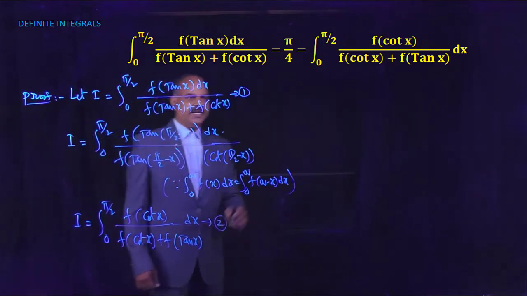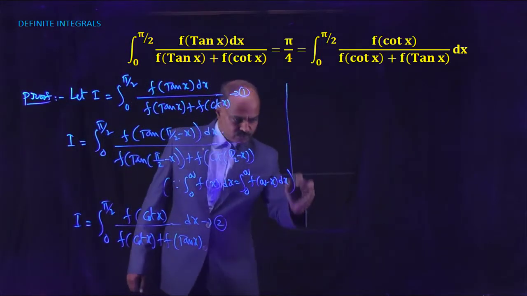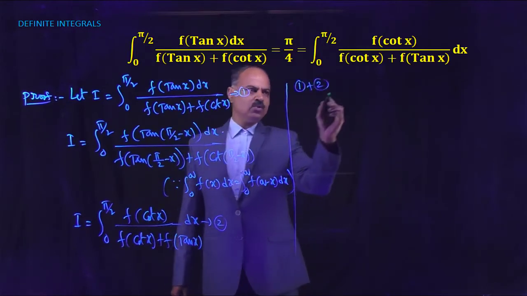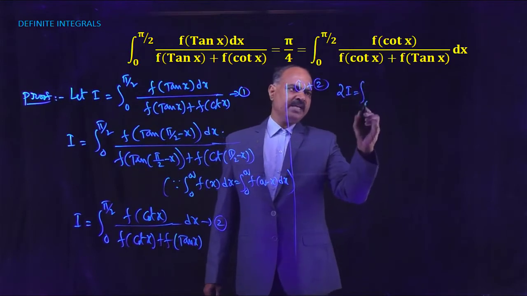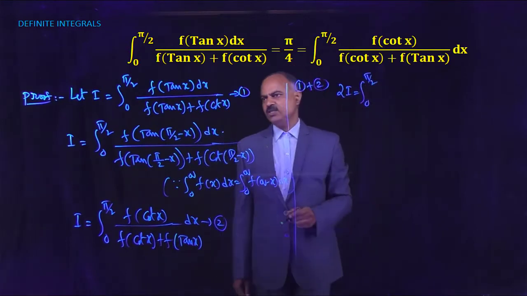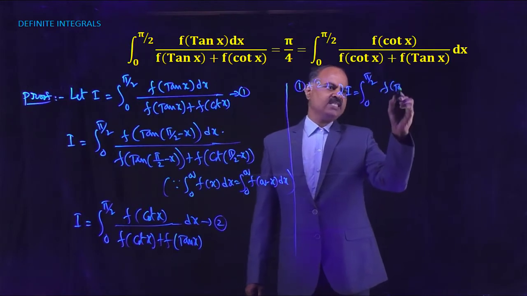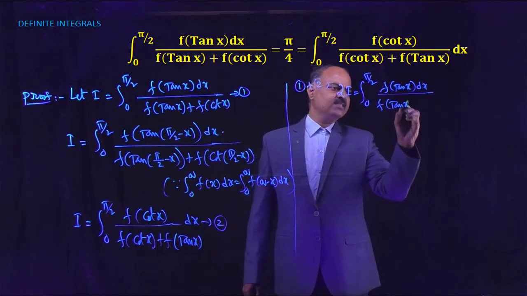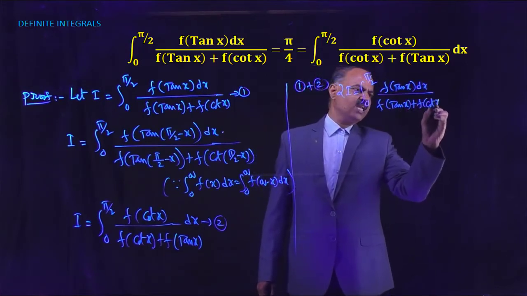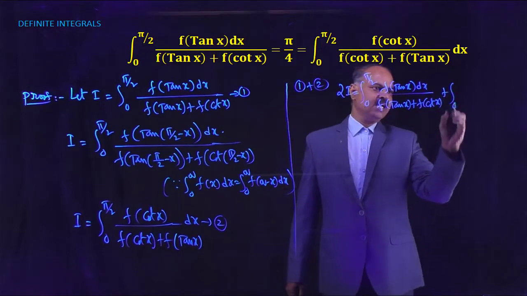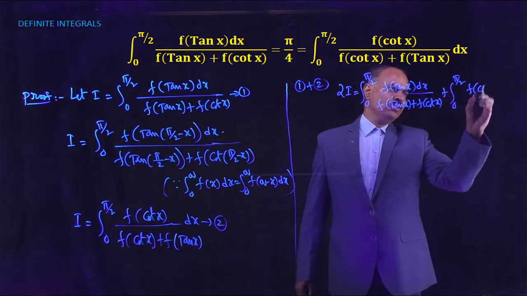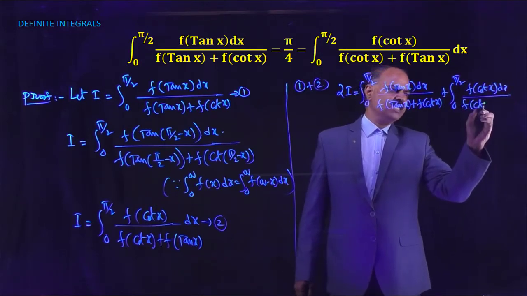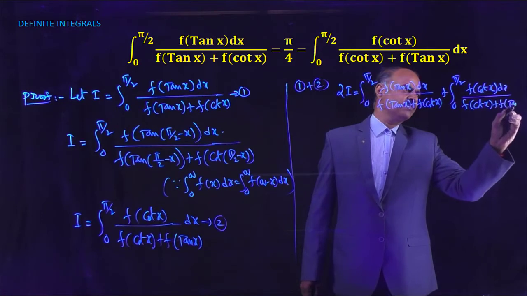Now adding 1 and 2, 2I is equal to integral 0 to pi by 2 f of tan x dx by f of tan x plus f of cot x, plus integral 0 to pi by 2 f of cot x dx by f of cot x plus f of tan x.